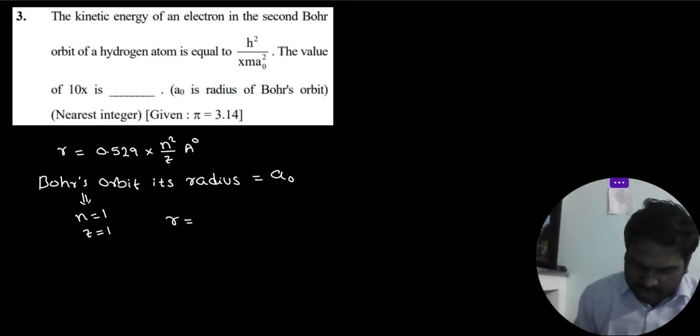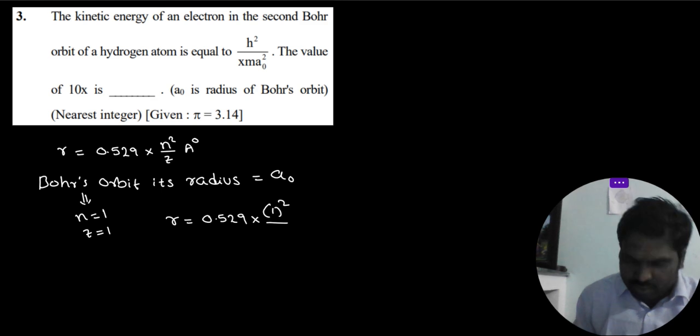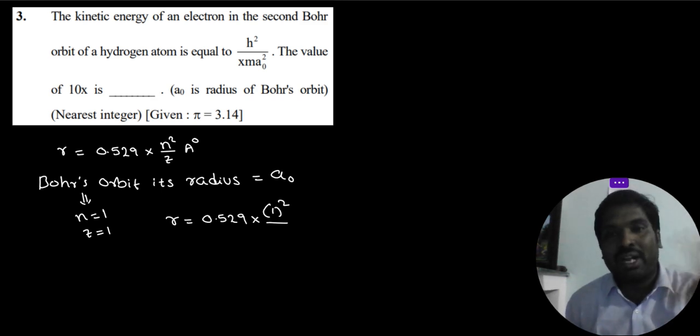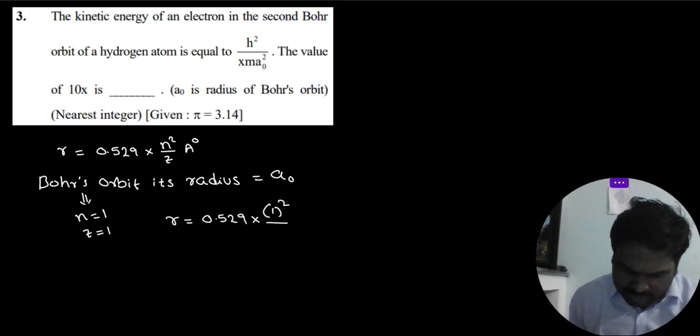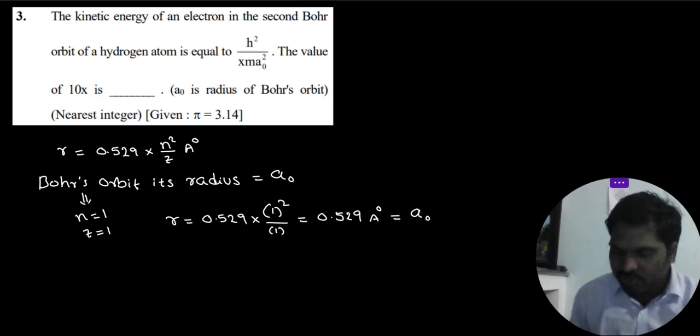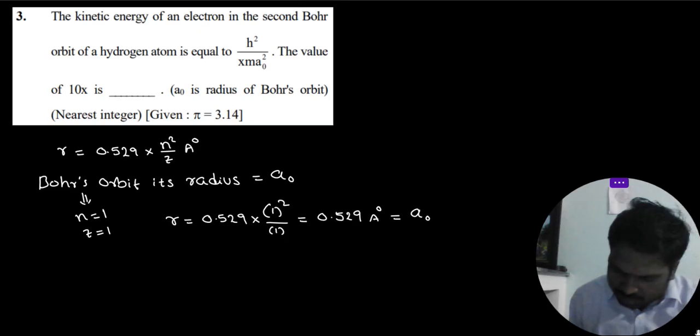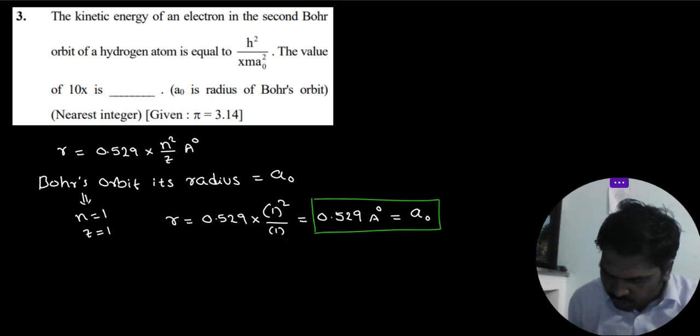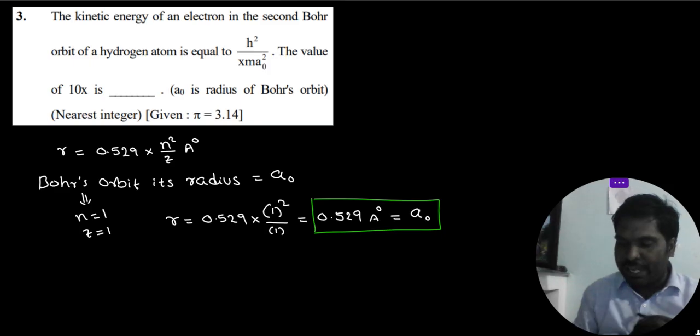Then r equal to 0.529 times 1 square by 1, so that is equal to 0.529 angstrom, which is nothing but a naught. This is Bohr's orbit radius value. So in the place of 0.529 we can take a naught.